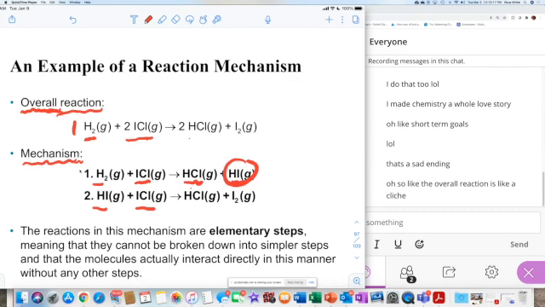And then that produces even more HCl and I2. So what we don't see in the overall reaction is this part. We don't see HI at all in the overall reaction. Yet HI is a very important part in the second step. Without HI being formed, the second step will not happen because HI is an important reactant in the second step.